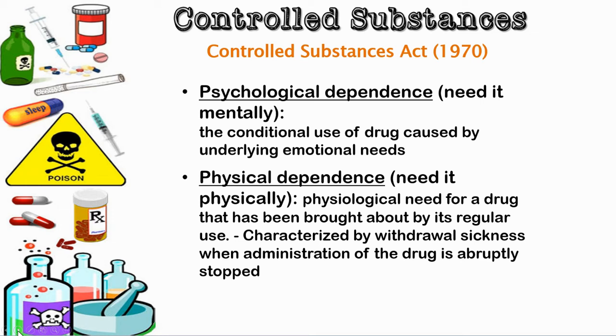And what this means is their body has gotten so used to having a drug that the body has altered the way that it performs and behaves and runs its systems, that when you don't have it, it can be anywhere from causing an extreme sickness to death. And so this would be called a withdrawal. And so physical dependence would be characterized by withdrawal sickness when administration of the drug has abruptly stopped.